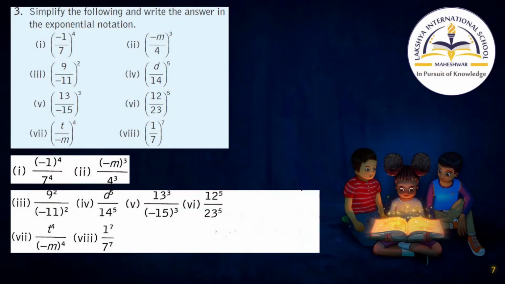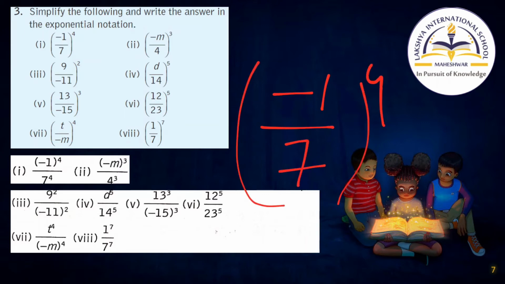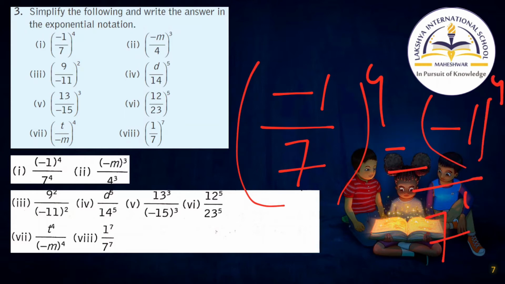Now question number 3: simplify the following and write the answers in the exponential notation. This is on the basis of law number 5, which is for divide. You can see minus 1 by 7 whole raised to the power 4. So you have to write them separately: minus 1 raised to the power 4 by 7 raised to the power 4.